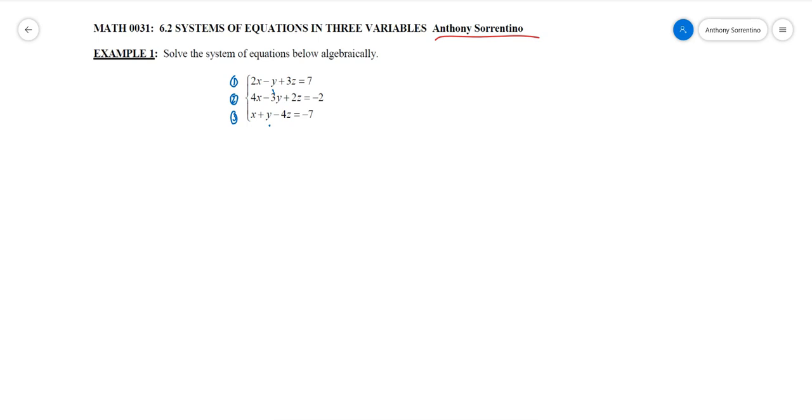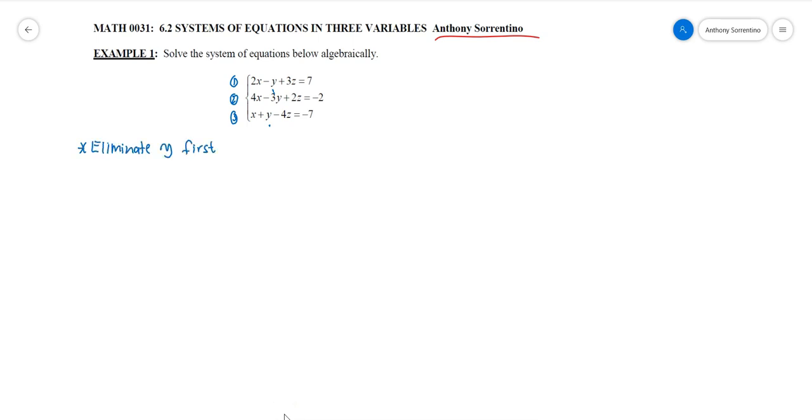If I was dealing with the z's, I'd probably have a little bit more issues with those because although the 2 does go into 4, 3 doesn't go into either one of them, and 2 doesn't go into 3, so there would be some more work to do if I tried to eliminate the z's. So I chose to eliminate the y's.